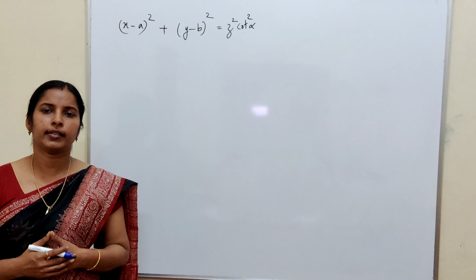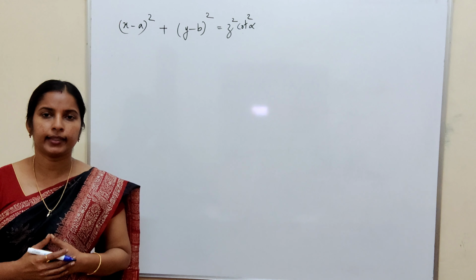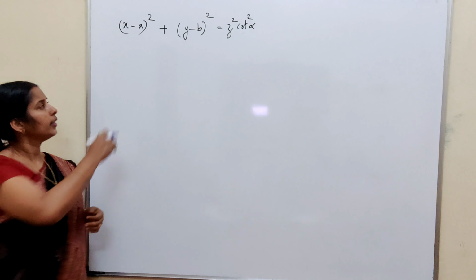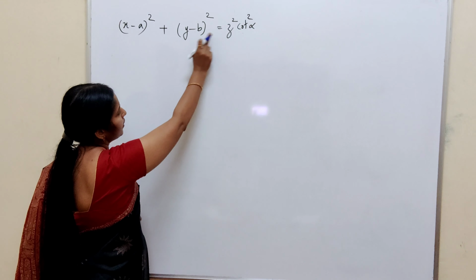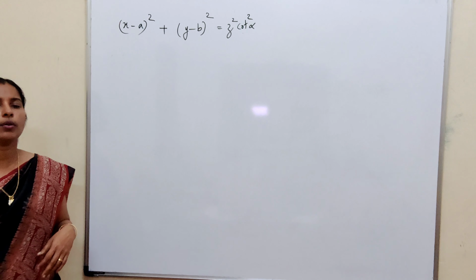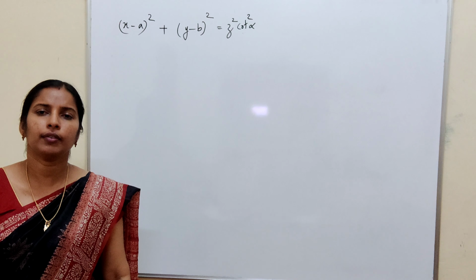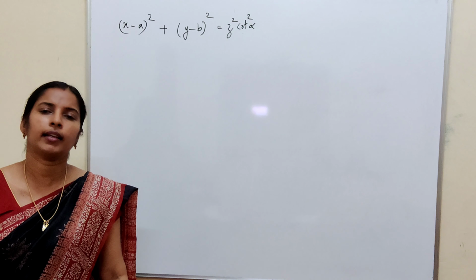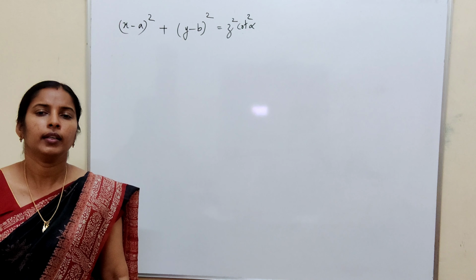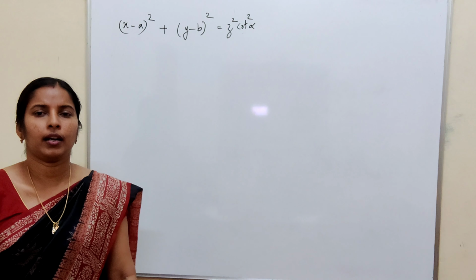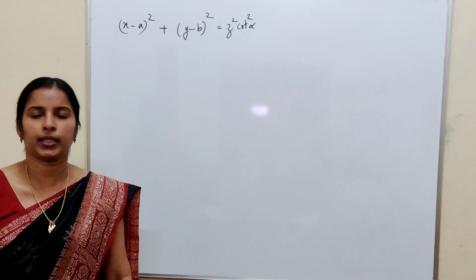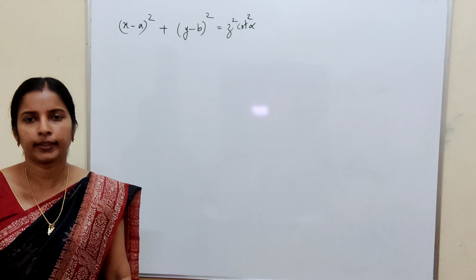See, in the previous questions we have z. Here x minus a the whole square plus y minus b the whole square equal to z square into cot square alpha. See, in all the questions, first you differentiate partially with respect to x, then partially with respect to y. Here, you just listen how to differentiate this expression partially with respect to x.